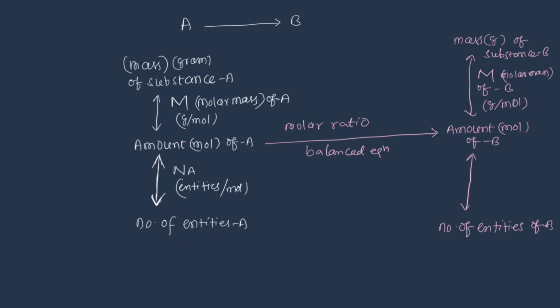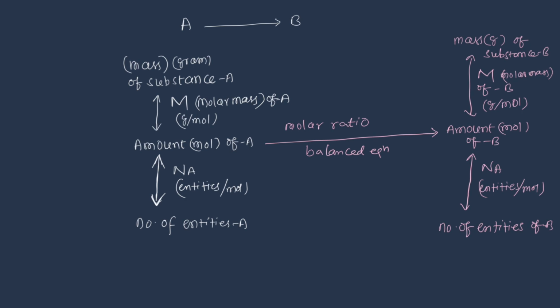I told you that Avogadro number is required. Avogadro number unit, what is that? Entities per mole. Of which substance? Avogadro number of entities belongs to which one? B substance.